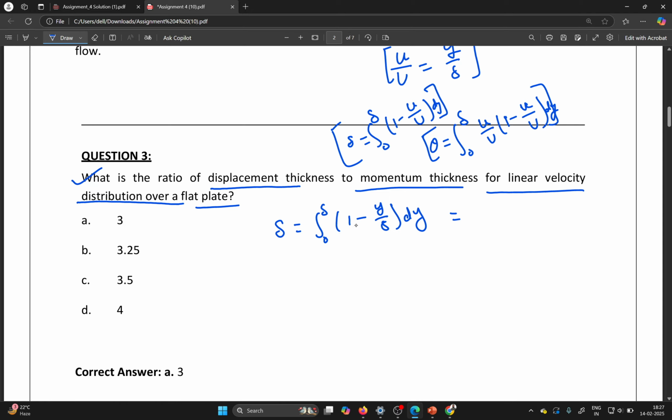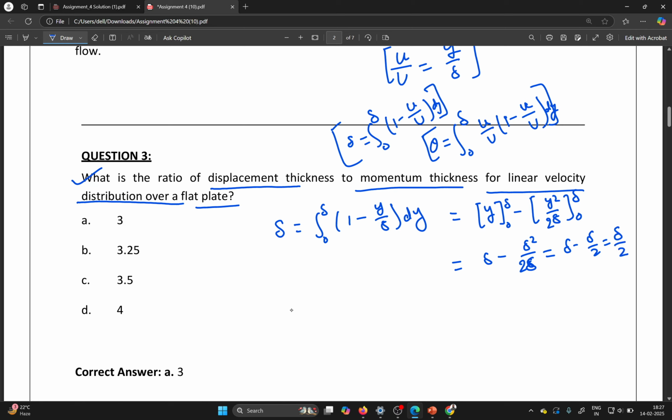When you integrate, this gives y from 0 to delta minus y square by 2 delta from 0 to delta. So delta minus delta square by 2 delta, you get delta minus delta by 2. So you will get delta by 2.